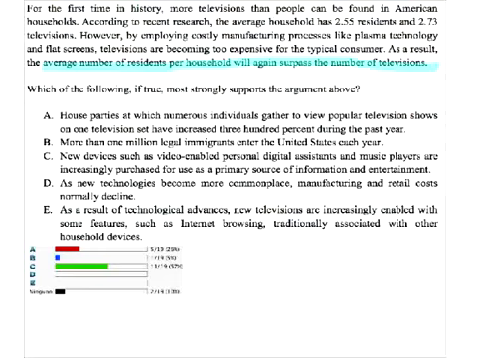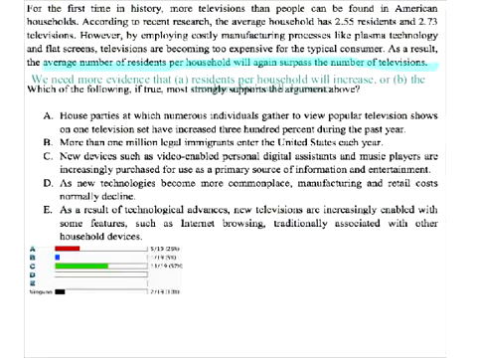So we need more evidence that either A, residents per household will go up, or B, the number of televisions will go down. So either one of these would be legitimate.